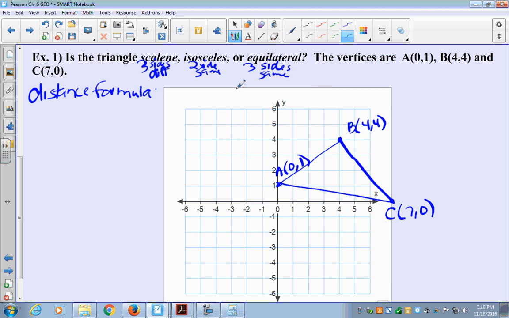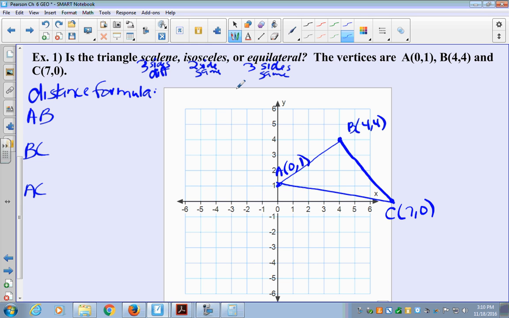I write myself a little list here so I can keep track: between A and B, between B and C, and between A and C. And we're going to compare those 3 distance formula results.